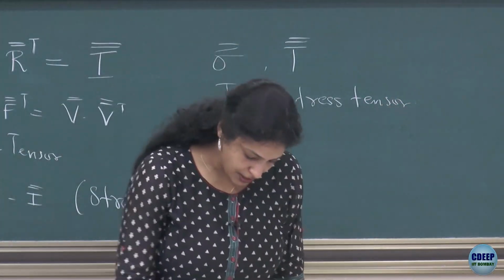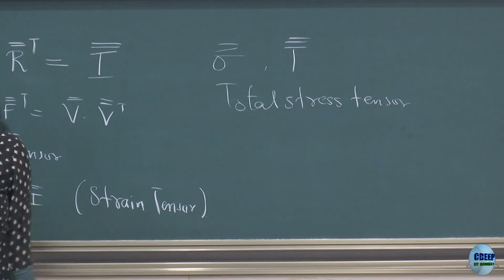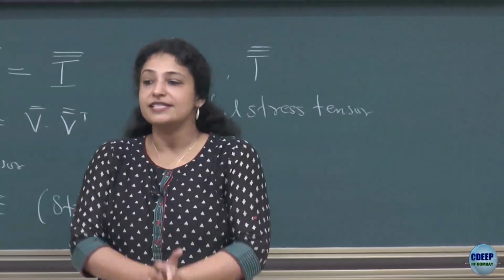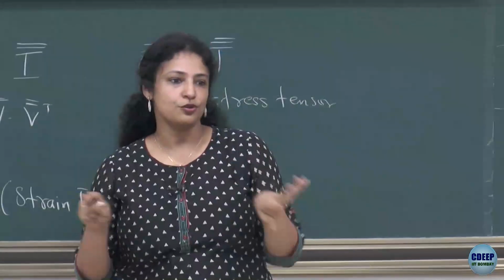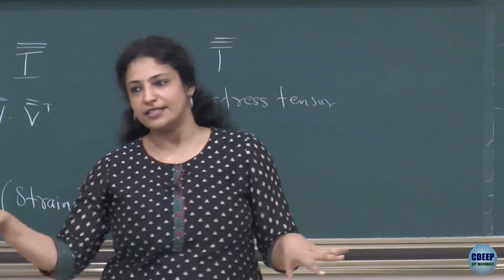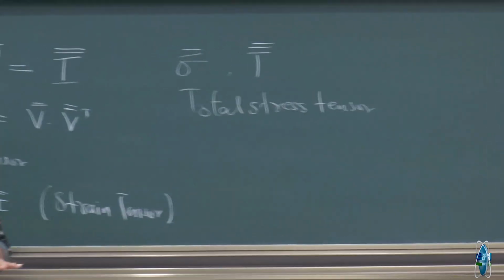Okay. So, then comes the part where we want to extend the simple Hooke's law, which was for the 1D case, to the 3-dimensional case. The simplest way of doing that is to retain the simplicity of Hooke's law and consider that we have two tensors, a tensor that describes stress and a tensor that describes the deformation, which is the Finger tensor or the strain tensor.